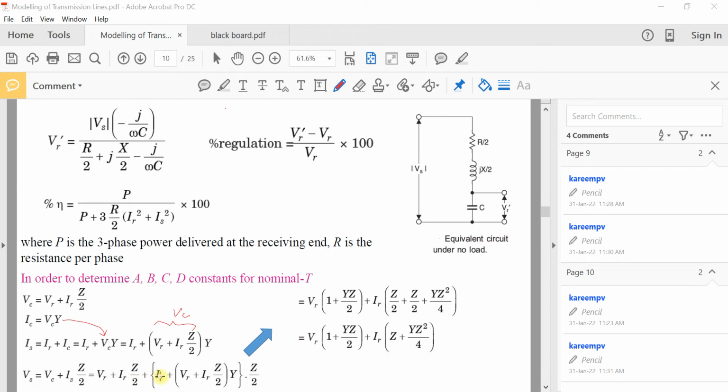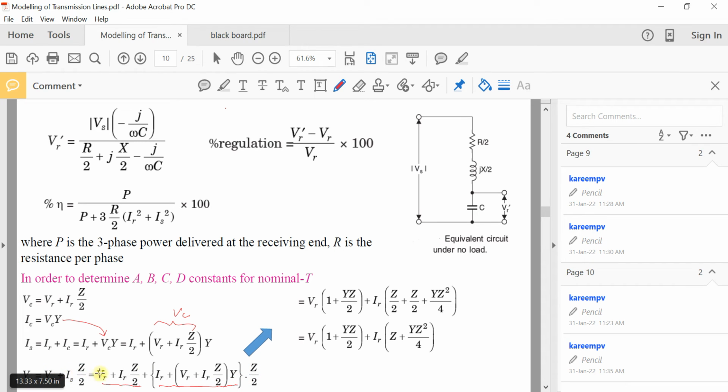So this term, VR plus IR Z by 2, is actually VC, and plus here you have Is, which is equal to IR plus this expression, into Z by 2.